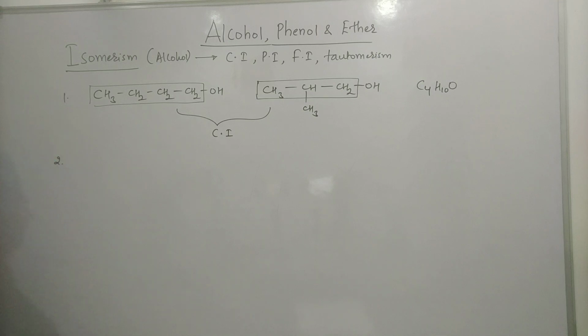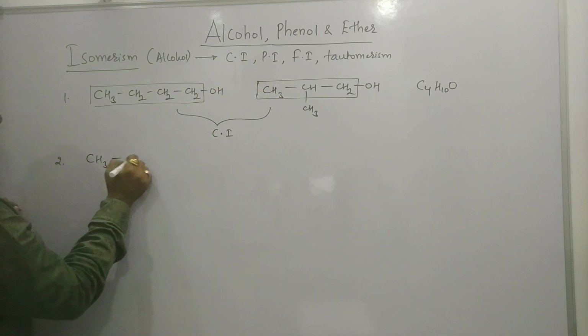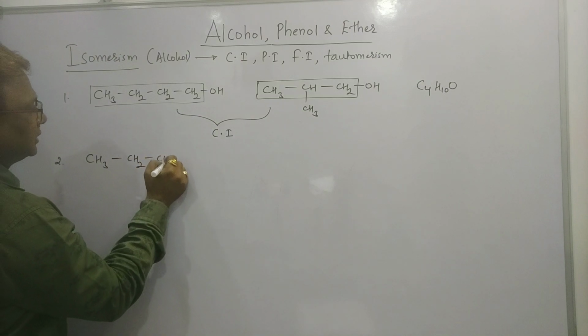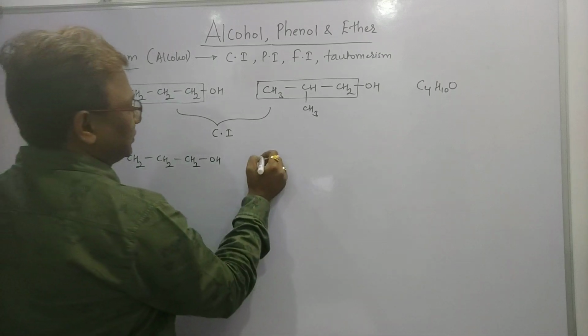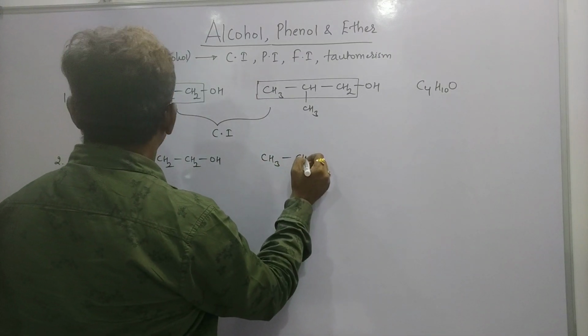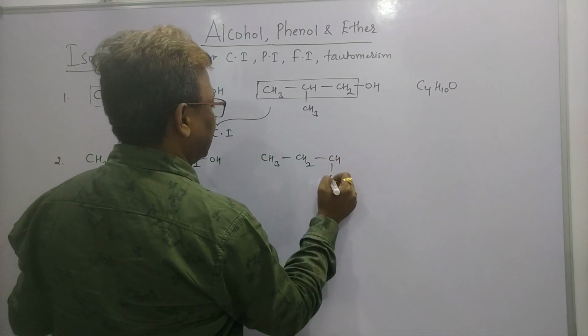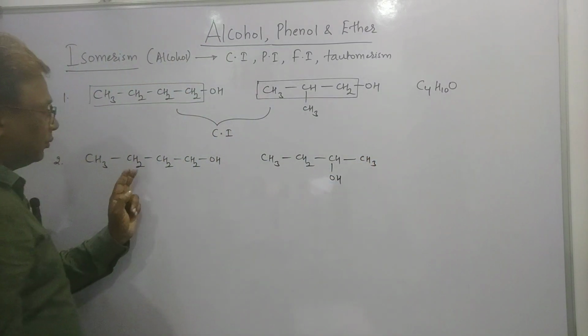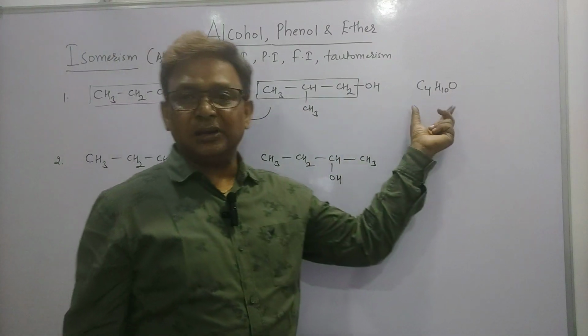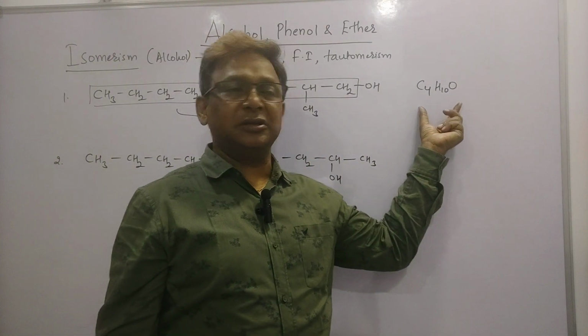Second example, I want to show with positional isomerism. It is CH3, then CH2, then CH2, then CH2 and OH. Another case is CH3, CH2, CH, then OH, and last CH3. Both compounds have the same molecular formula C4H10O.